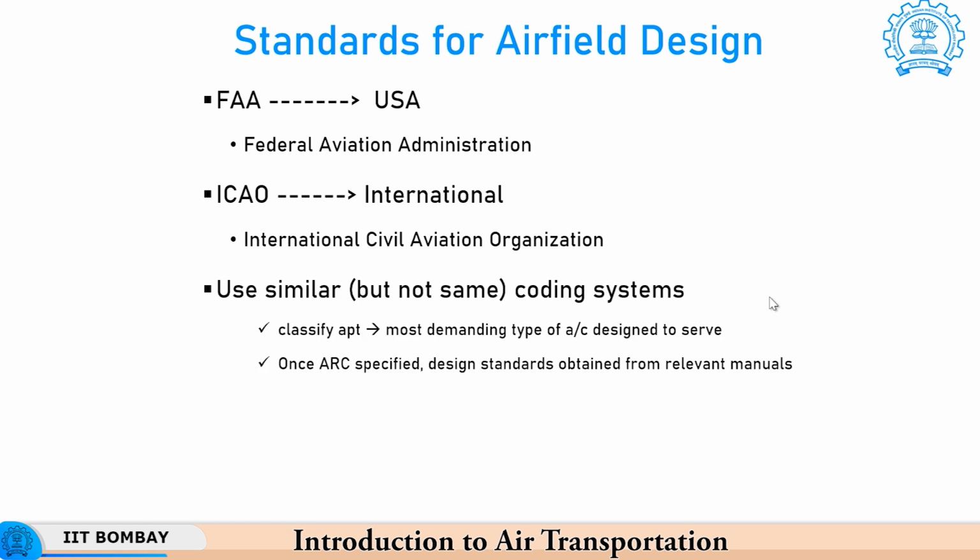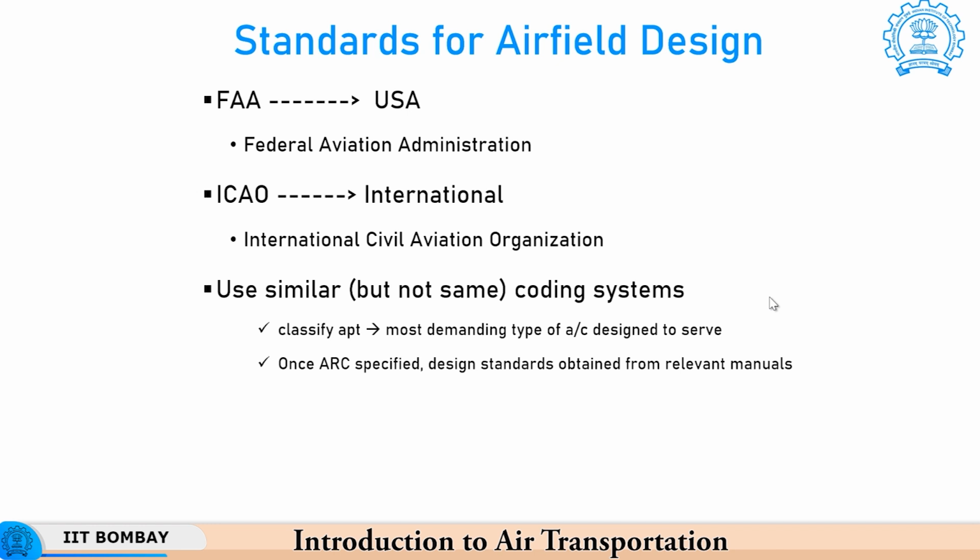Now, both of them use very similar but not the same coding systems. So, airports are coded, and by looking at the airport code, you can make out which kind of aircraft can operate from that particular airport. So, both ICAO and FAA classify the airport based on the most demanding type of aircraft which the airport is designed to serve.